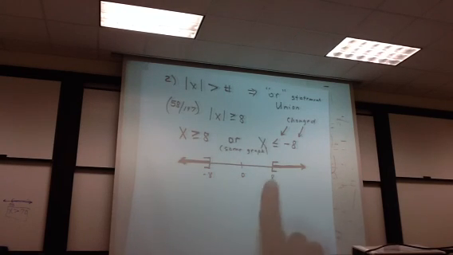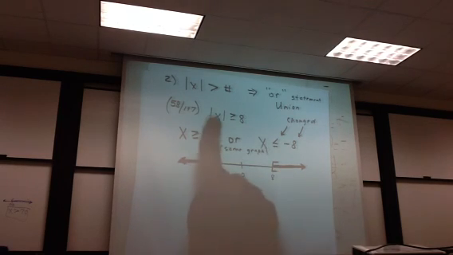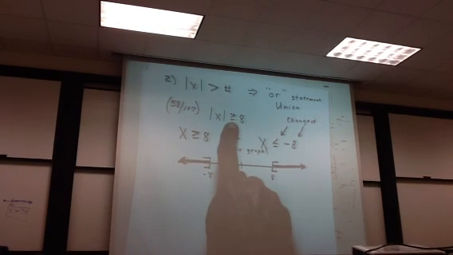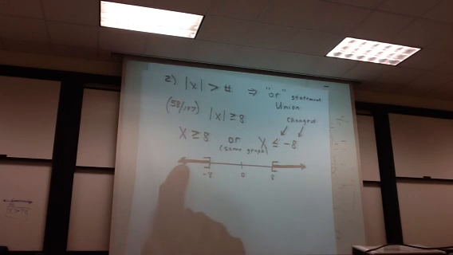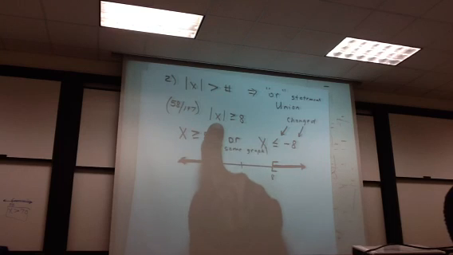Let's try it out. Like 10 is shaded in, right? So absolute value of 10 is 10. That's greater than or equal to 8? Yeah, true statement. Hey, negative 13 is in the set. Absolute value of negative 13, that's 13. That's greater than or equal to 8. Yeah.